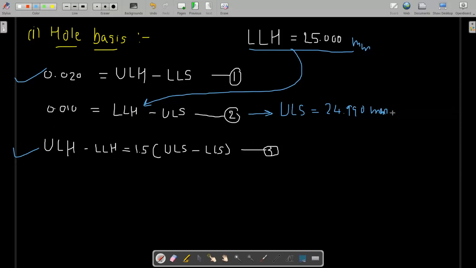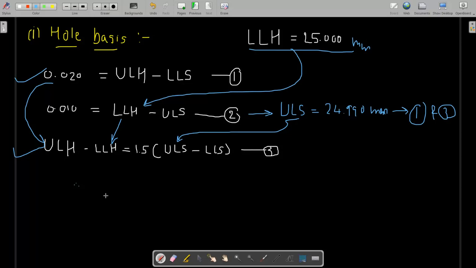So compare equation 1 and equation 3 and use upper limit of the hole is equal to lower limit of the shaft plus 0.020. I'm putting this value in equation 1. Lower limit of the hole we know, 25.000 mm, and upper limit of the shaft we also know, so put the values here.